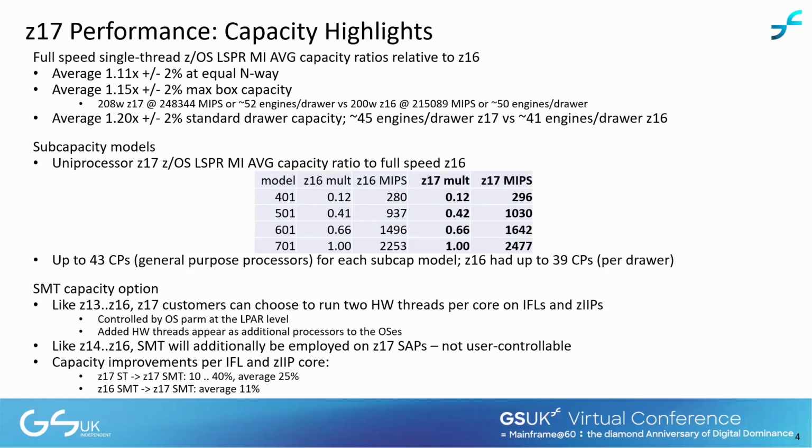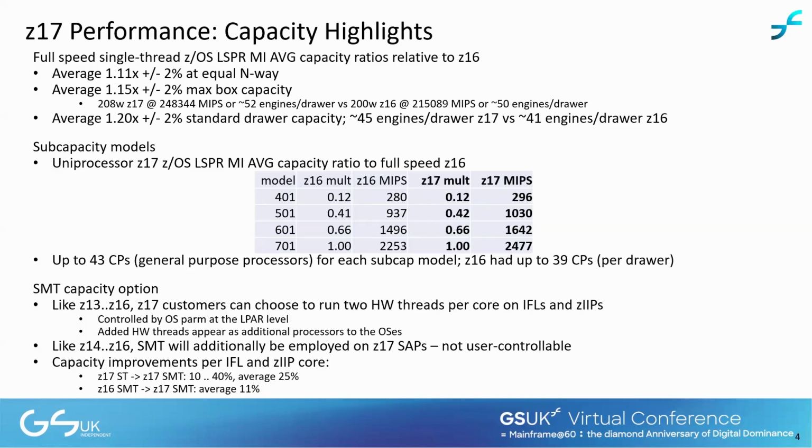All the models, what the MIPS and MSUs are, and the low, average, and high LSPR ratings. So you have all these curves that vary over the n-ways, blah, blah, blah. Everybody wants a single number. So I was like, well, okay.